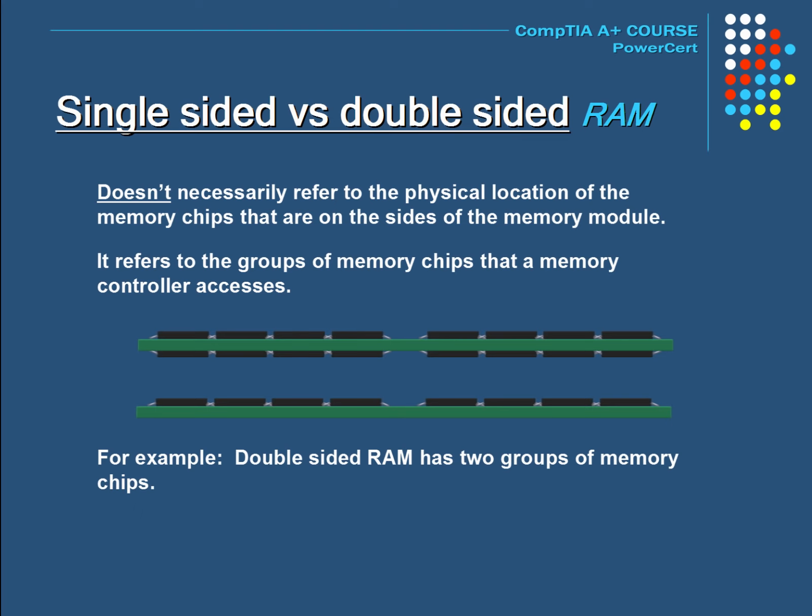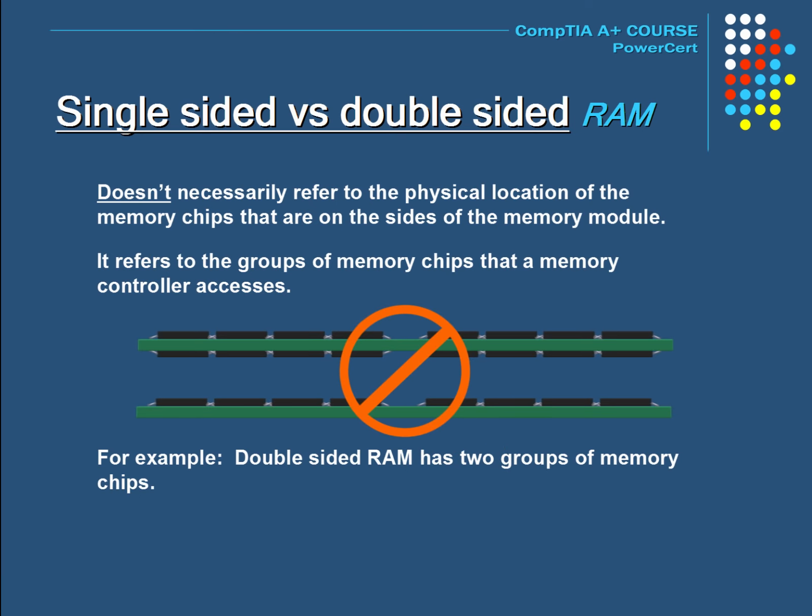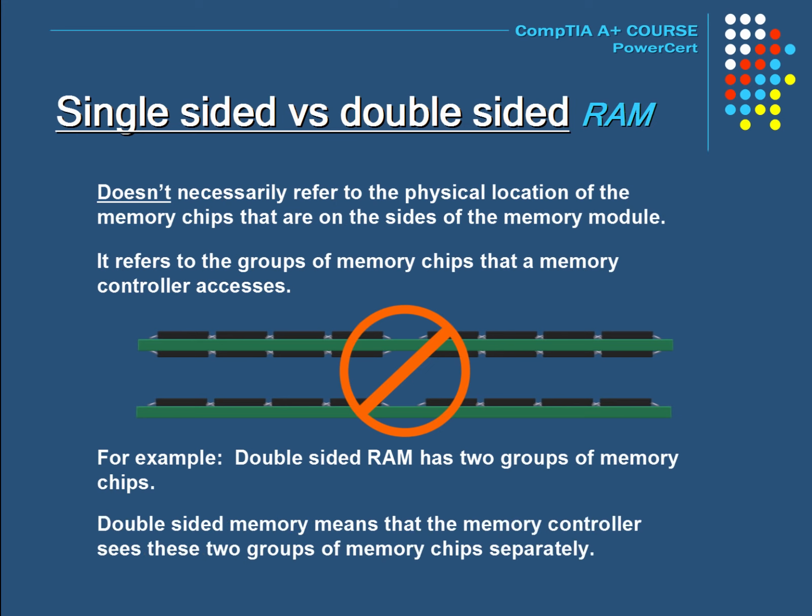Now this doesn't mean that the memory chips are physically located on both sides of the memory module. Now they can be on both sides, or they can be on just one side, but that's not what double-sided means. It means that the memory controller sees these 2 groups of memory chips separately, and it can only access them one group at a time.